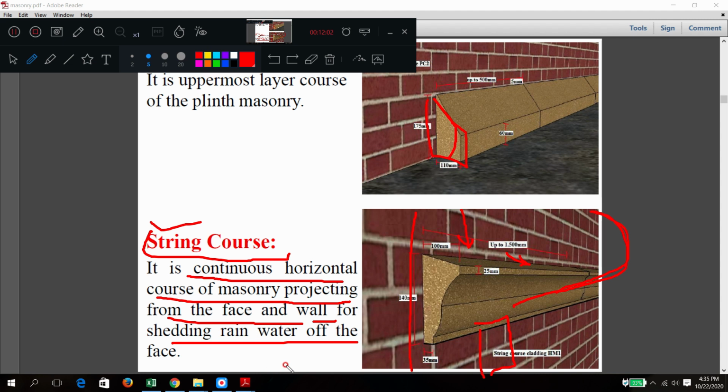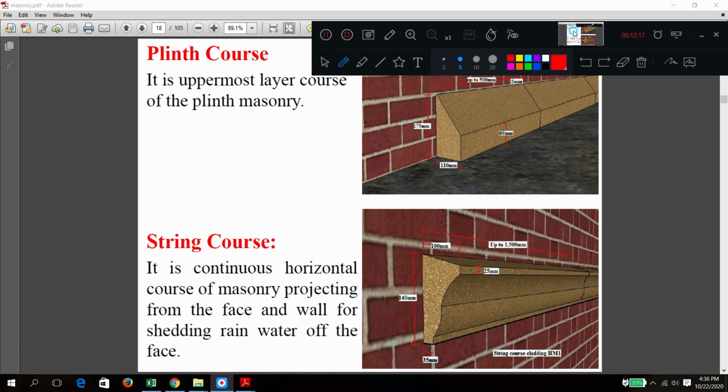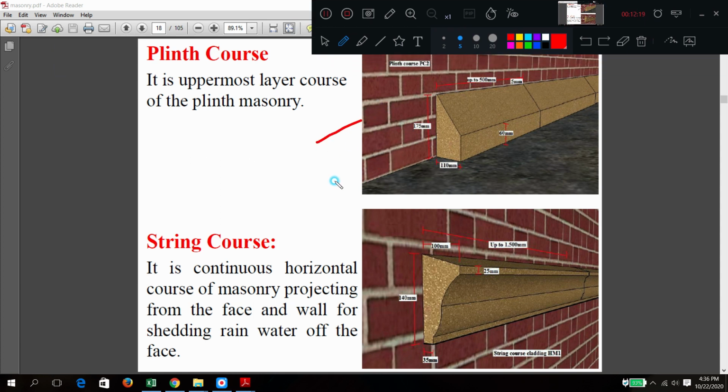I hope it is clear now. Rainwater will fall and shed away. This is the plinth course at the ground level. This is generally just below the roof level, which is also projecting outside. So: ground level, plinth course; roof level or near the roof level, string course.